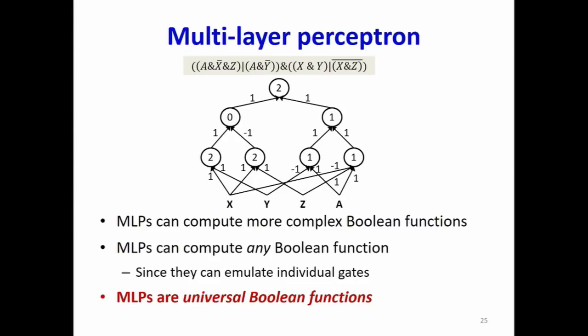Which told us that once I decide I can begin composing circuits by networking these guys, I can compose an arbitrary Boolean function. So MLPs, multi-layer perceptrons, are universal Boolean functions in the sense that they can compose any Boolean function.